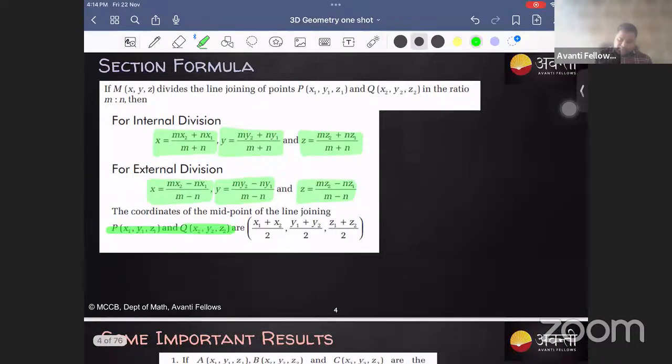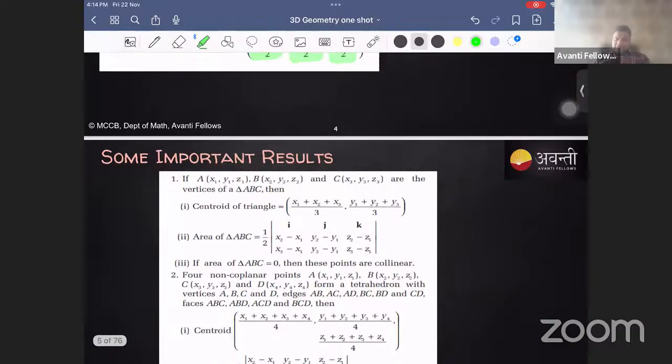Definitely the coordinates of the midpoint of (x1, y1, z1) and (x2, y2, z2) is (x1 plus x2) by 2, (y1 plus y2) by 2 and (z1 plus z2) by 2. That means when the ratio is 1:1. All right, these are simple things.